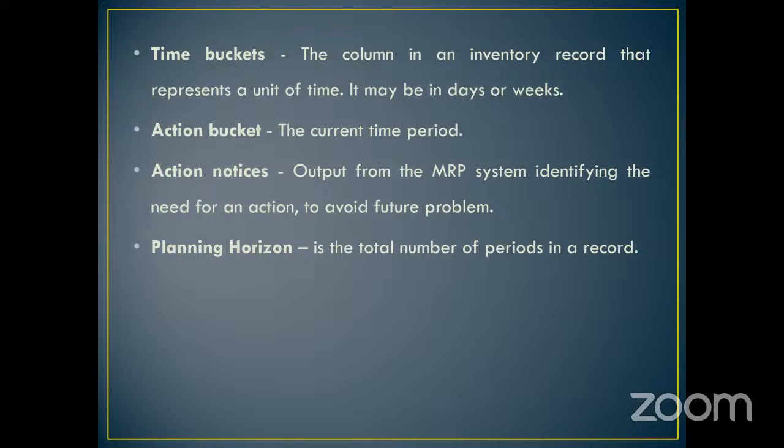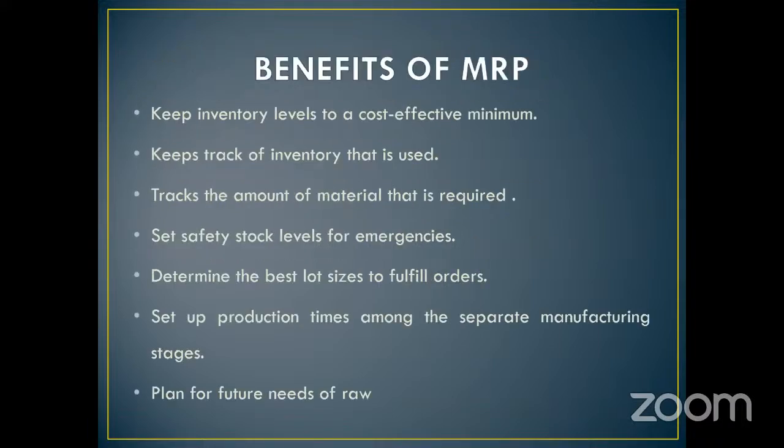Then the action notice is the output from the master production schedule or the material requirement plan, where the system identifies the need for actions to avoid future problems. Then the planning horizon is the total number of periods in a particular year, plus the vacations that we have to add to know the planning horizon of the entire schedule.